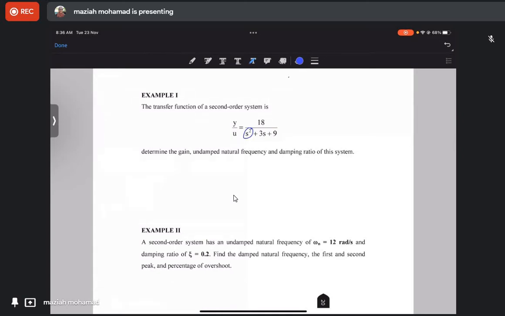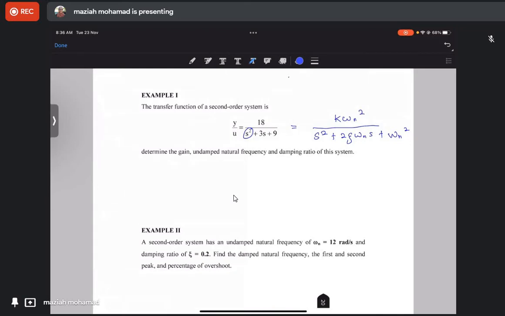We're going to determine k, omega n, and zeta. We need to compare with the standard transfer function, which is k omega n squared over s squared plus 2 zeta omega n s plus omega n squared.